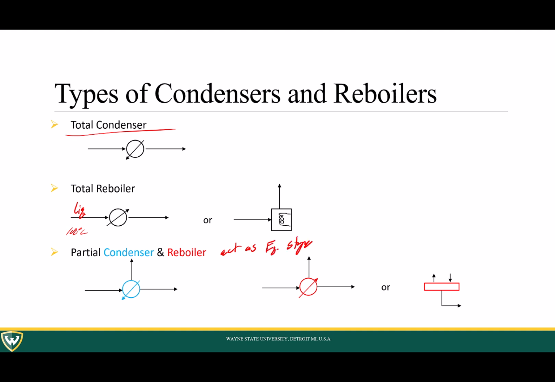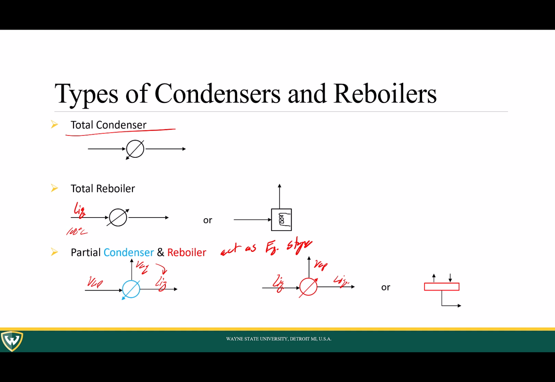They act as an equilibrium stage such that this liquid coming in for a condenser, for a condenser, it's vapor. This vapor coming in, some of it is going to return as vapor, and some of it is going to come out as liquid. Same thing here. For a partial reboiler, we would have liquid coming in, you would have vapor coming out, and then you would have liquid also coming out as well.